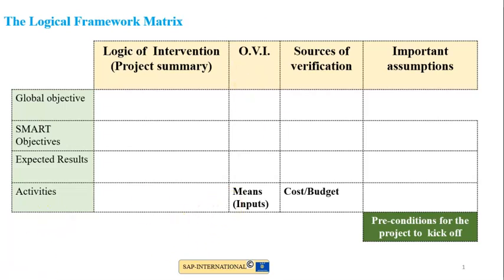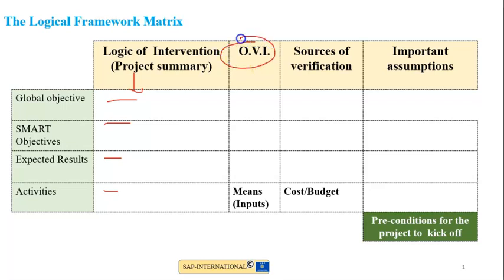Now, you've already noted that a project design, a logical framework has got 4 columns and 4 lines. So the first column is called the logic of intervention. That's where you write your project objective and the project SMART objectives, which are operational, and expected results, activities.